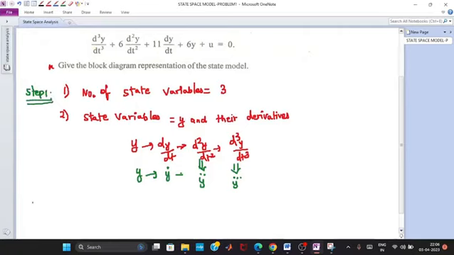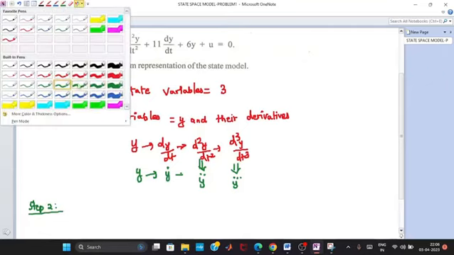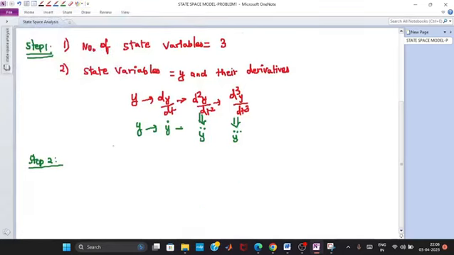Now we will go for step number 2. In step number 2, you have to allocate the state variable to each equation. So here I am going to keep the state variables as x1, x2 and x3. Which one can I take as what?